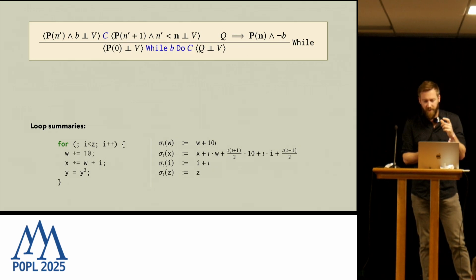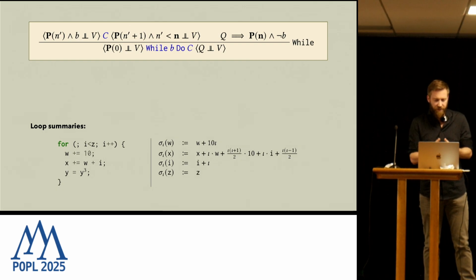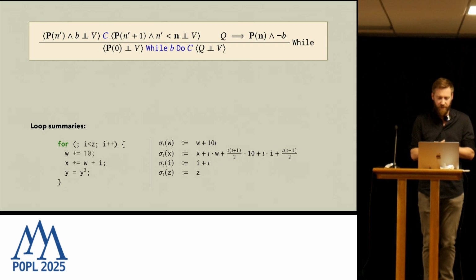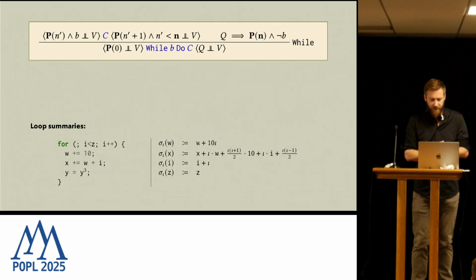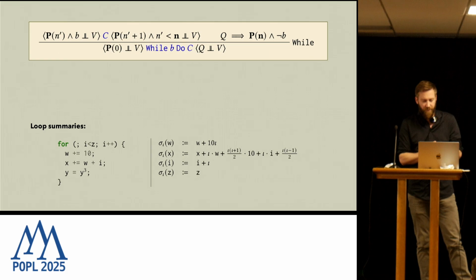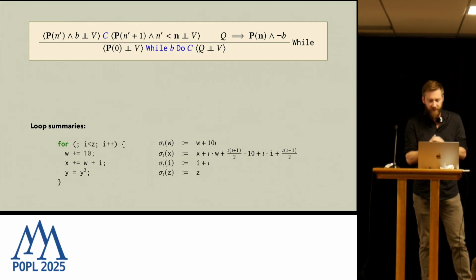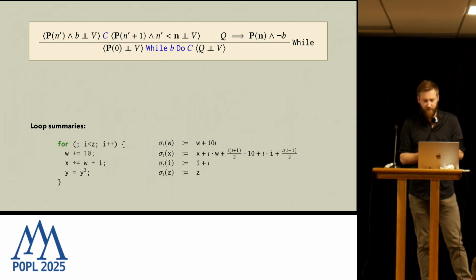In other words, the while rule requires you to find an iteration count of how many iterations the loop body is being executed. And in order to find these iteration counts, we found that the concept of loop summaries is very useful. So these loop summaries basically summarize the values of certain variables in the nth iteration with a closed form expression.